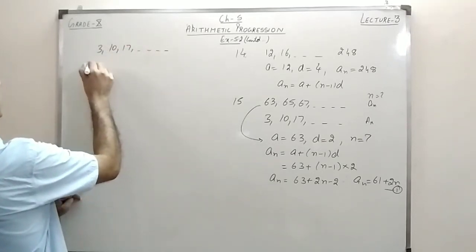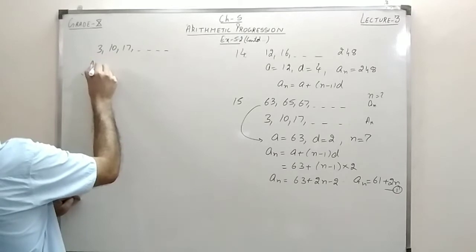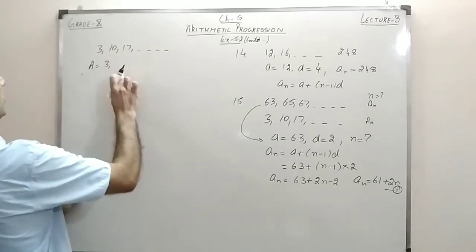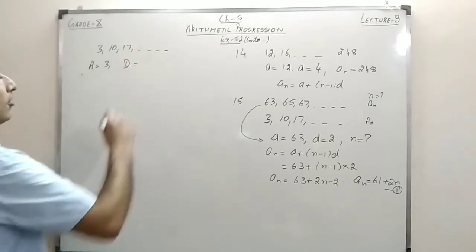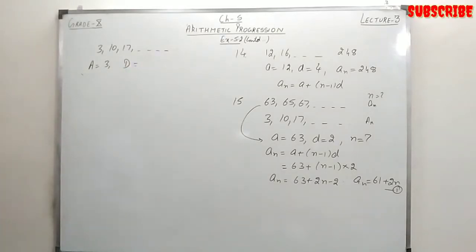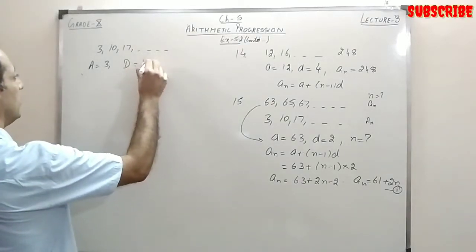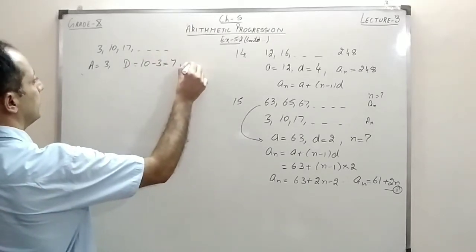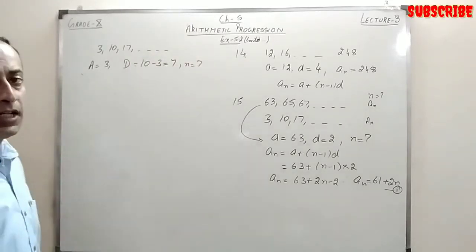Now here I write the first term as 3 and I write capital D because the common difference is different in this also, right? Now the common difference here would be 10 minus 3, and that is 7. Again, I don't know what n is because I have to find it.